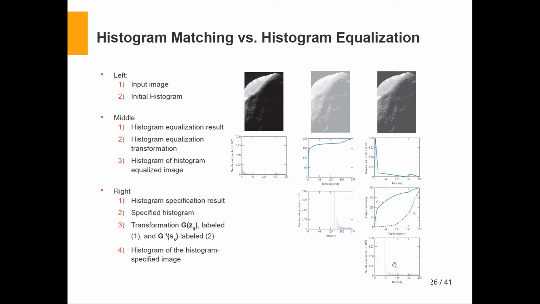And here you see the estimated transformation function. This is the original transformation function from S to Z, and this is the inverse of it. And then here you see the histogram of the histogram matched image.